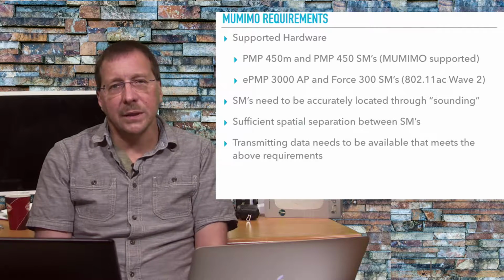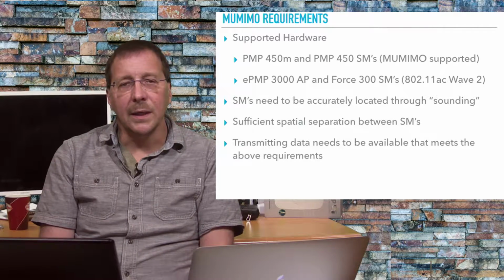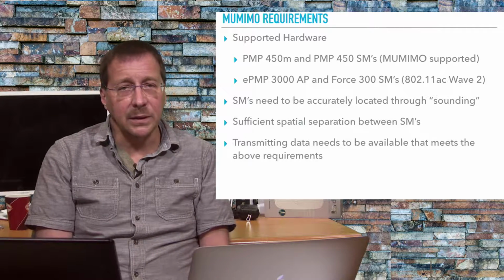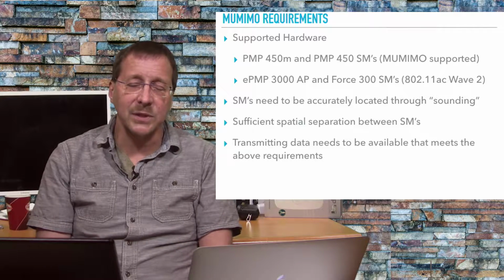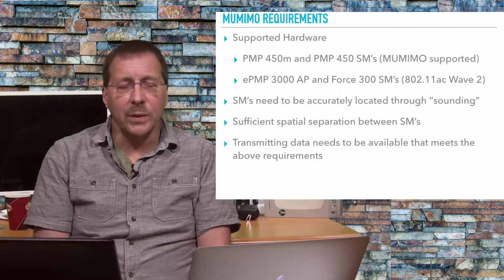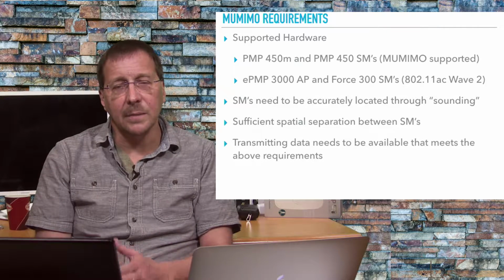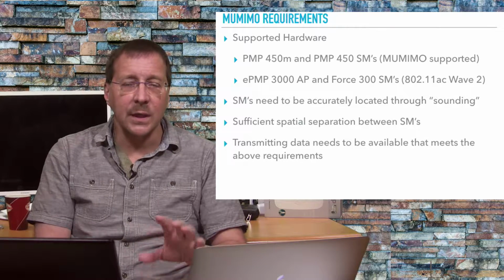For the ePMP, it's a little bit different because the ePMP is based on an 802.11 Wi-Fi chipset. It uses a Cambium-specific MAC, but it does use that chipset, so it's dependent on that chipset supporting it. 802.11ac came in a couple of different versions.